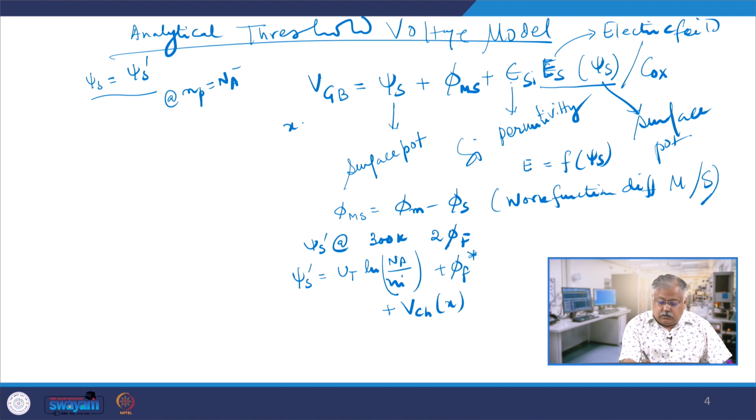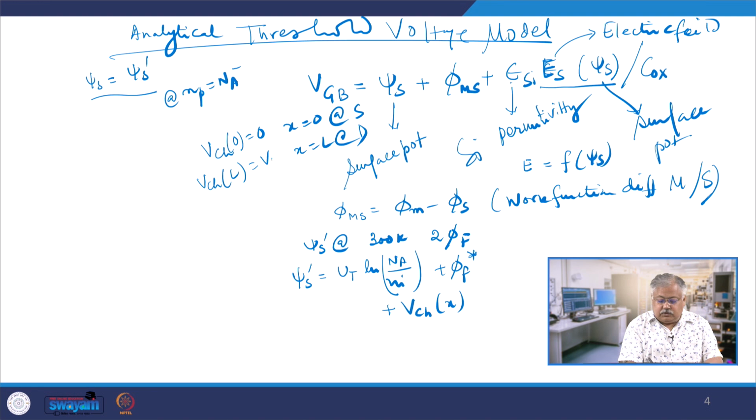V channel at 0 will be approximately equal to 0, and VCH at L will be approximately equal to VDD. I am not considering built-in voltage till now in this case. Plus, there will be another term known as VSB, source to bulk.